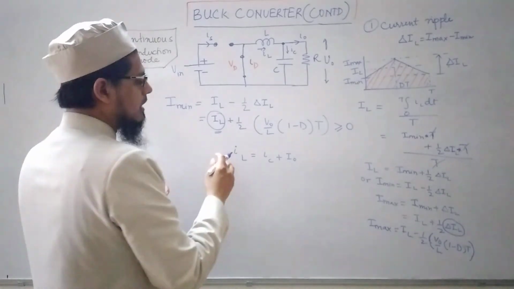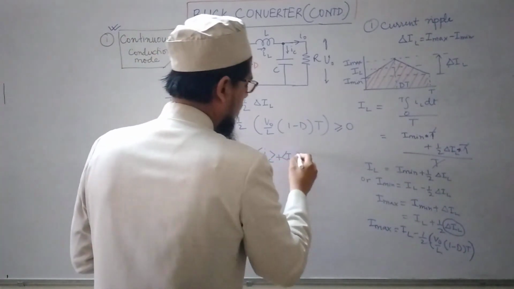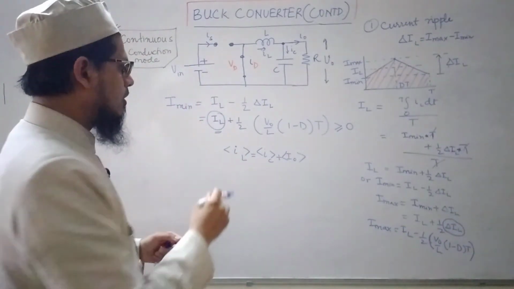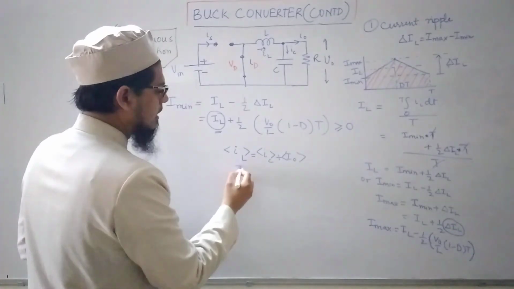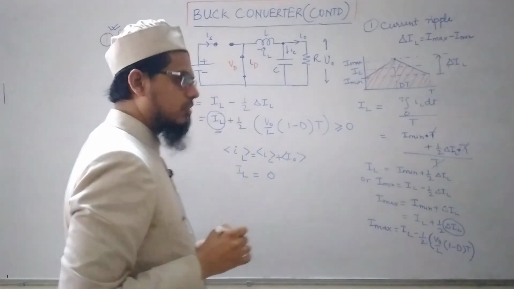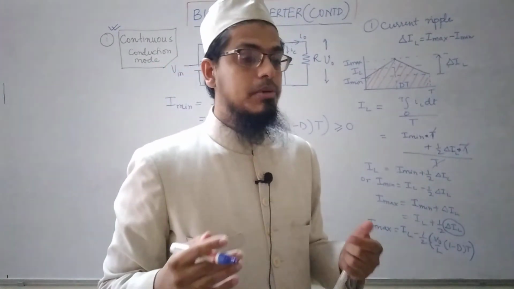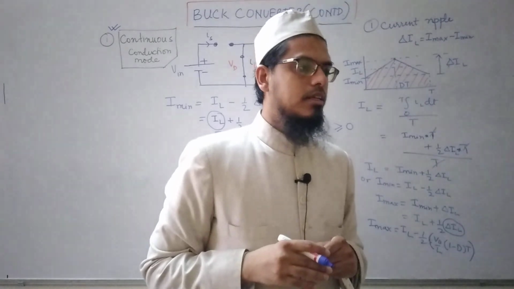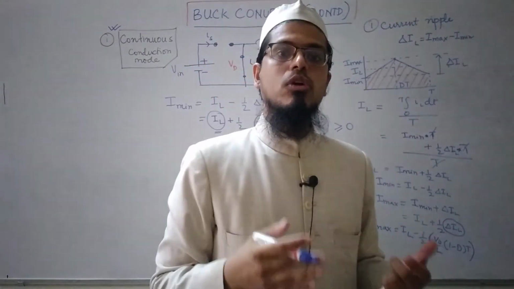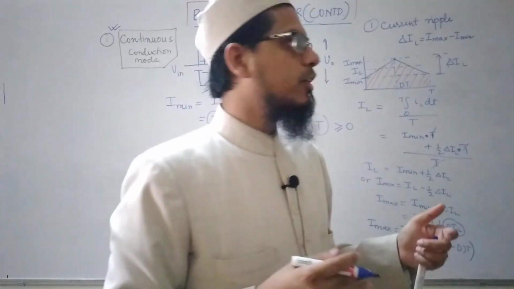Let me try to find out the average values now. Average value of IL is IL and average value of IC will be equal to 0 because of the principle that we discussed, and that is capacitor charge balancing. I talked about volt-second balance in the inductor and charge balance in the capacitor.